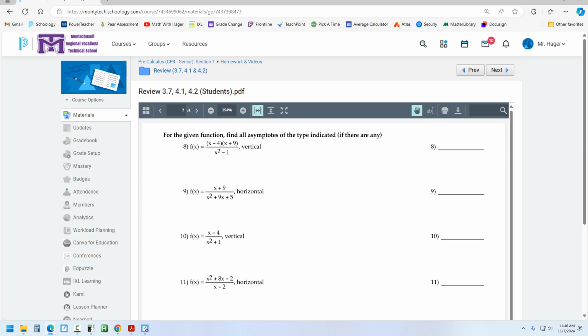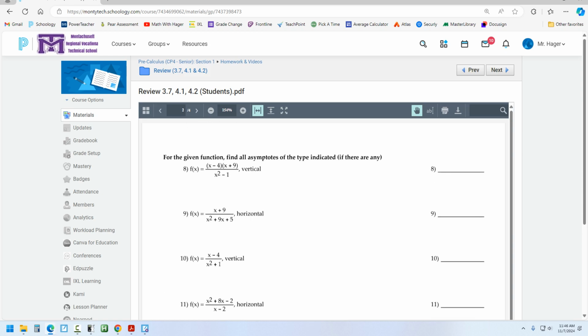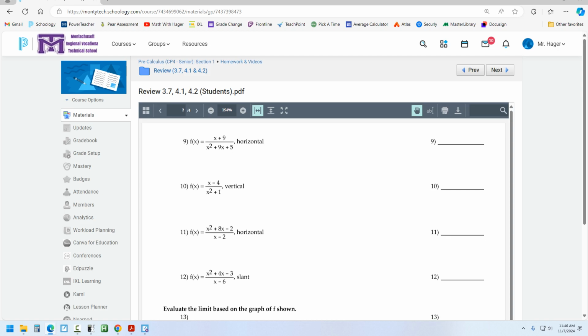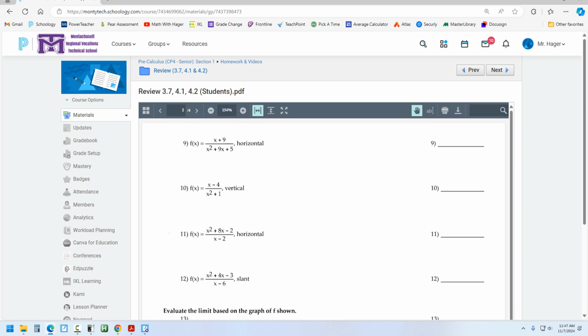Here, I'm having you find asymptotes, and I'm just asking you for a specific type. Verticals, horizontals, and slants. Remember, if you have a common factor between the top and the bottom, you don't get a vertical asymptote. Instead, you get a what? You get a hole. Okay, so you got to check for that.